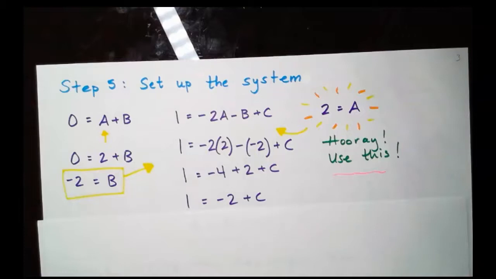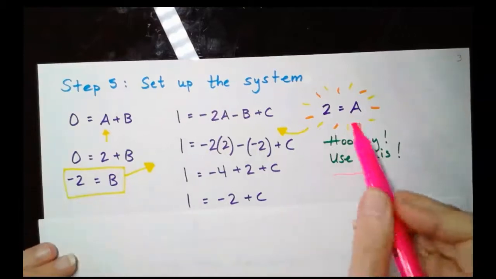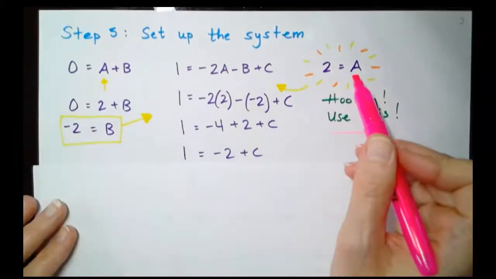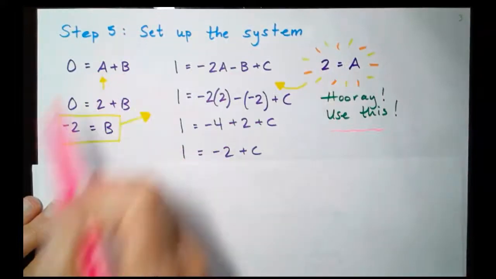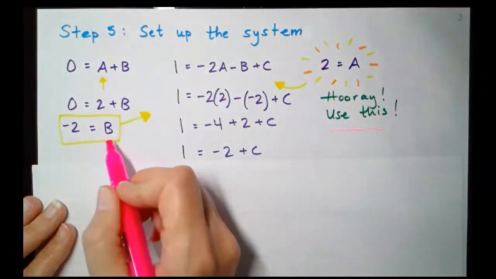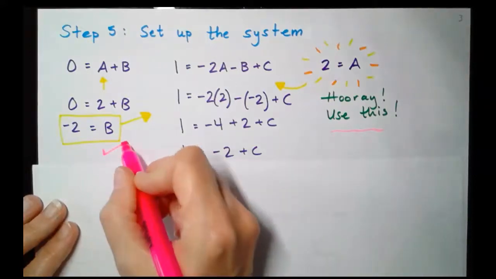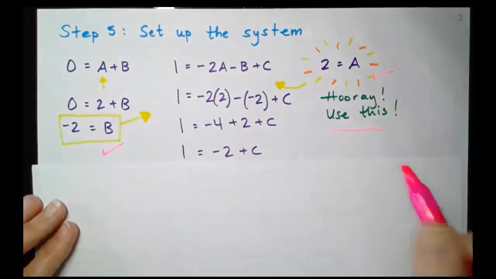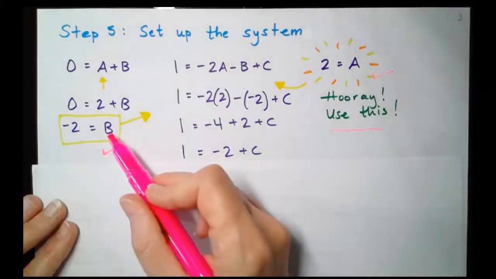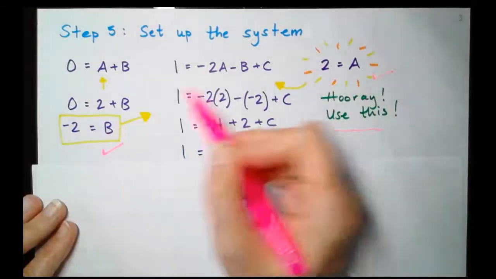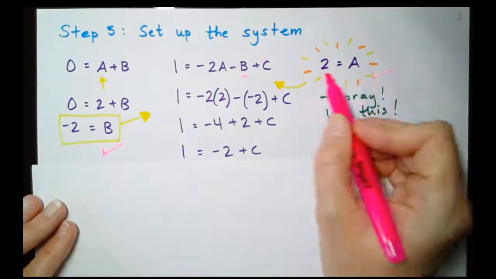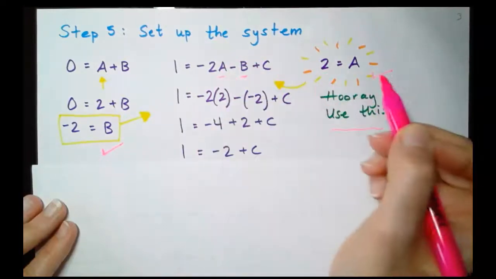Hooray! Let's use this. So if a equals 2 and a plus b equals 0, then b has to be negative 2. So now we know b, we know a. We're going to use substitution, and I'm showing you here, we're going to take this b value, plug it in here. We're going to take the a value, plug it in here.